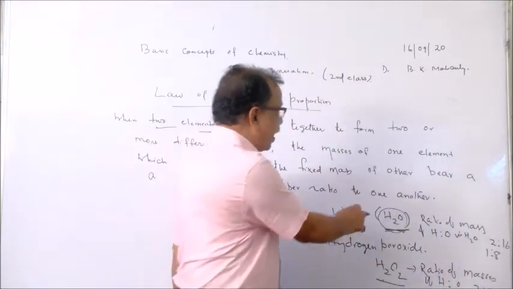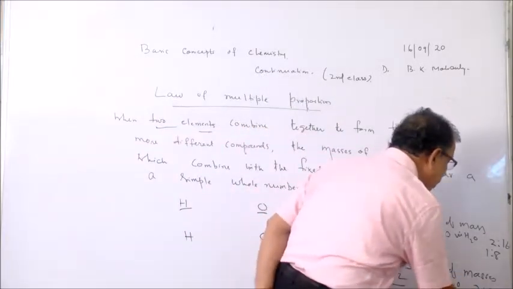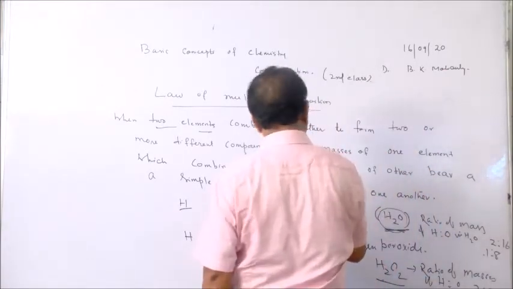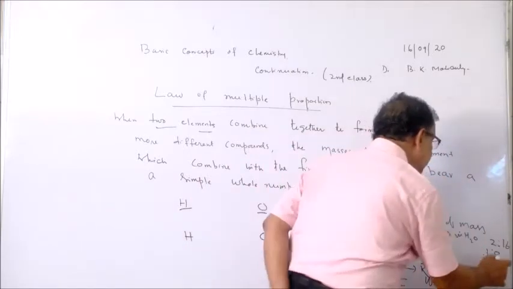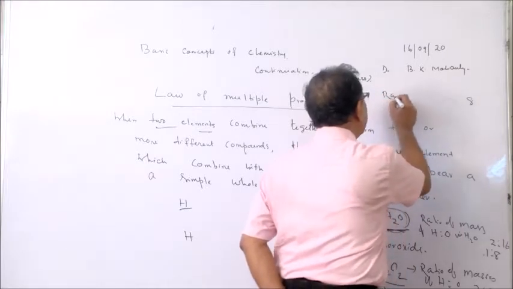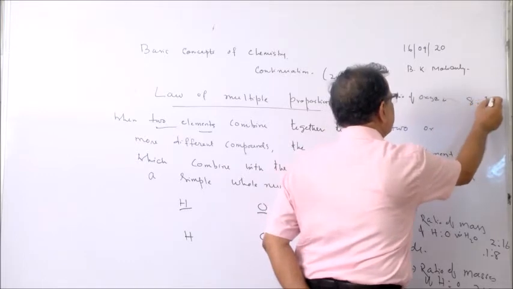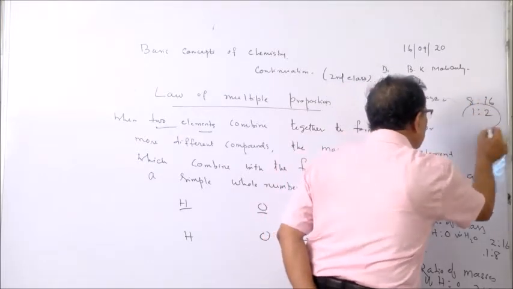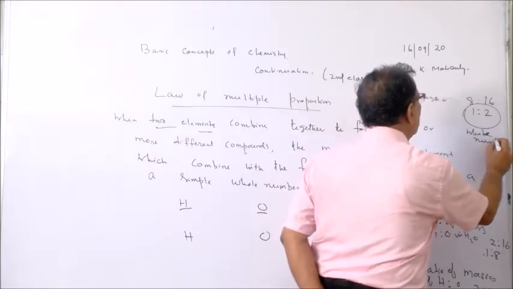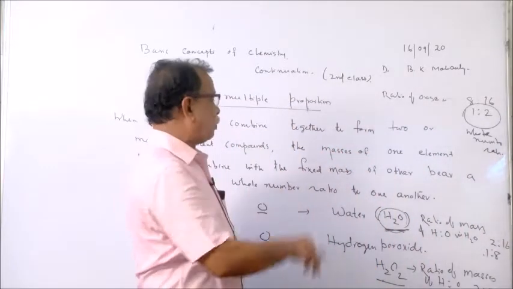In water it is 1 is to 8, in hydrogen peroxide 1 is to 16. So keeping hydrogen constant, the ratio of oxygen is 8 is to 16, that is 1 is to 2. That is a whole number ratio. So this is the law of multiple proportion.